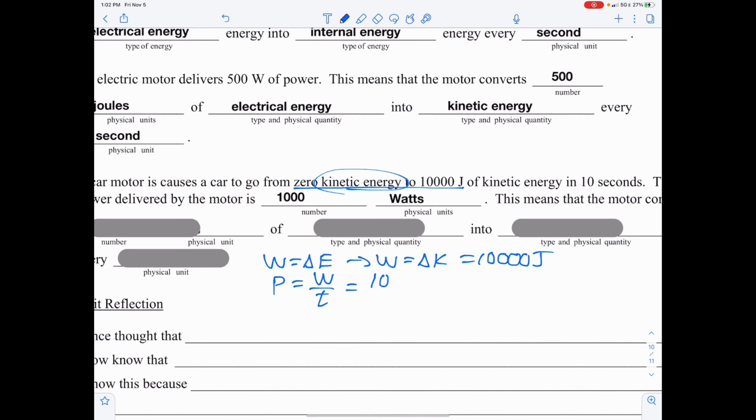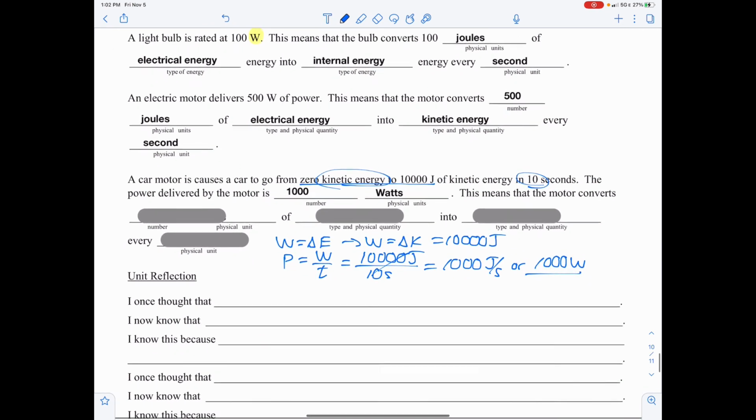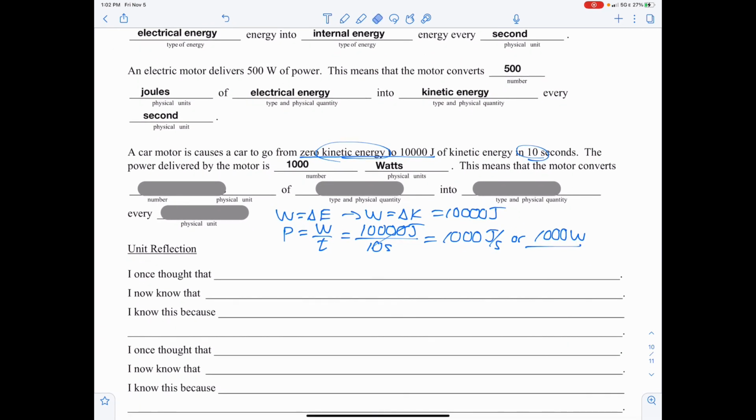So we take our 10,000 joules divided by 10 seconds. You can see one factor of 10 cancels. And we're left with 1,000 joules per second, or 1,000 watts. That's how we came up with that number. Again, this means the motor converts 1,000 joules of thermal energy into kinetic energy every second.